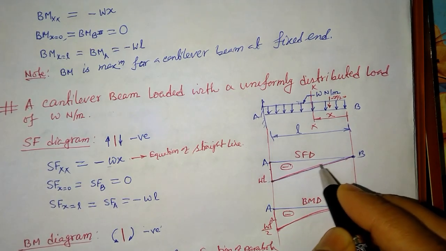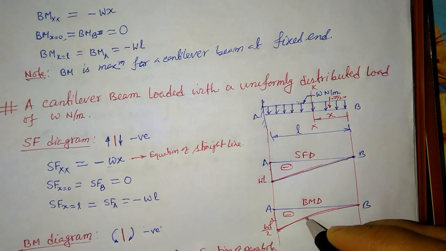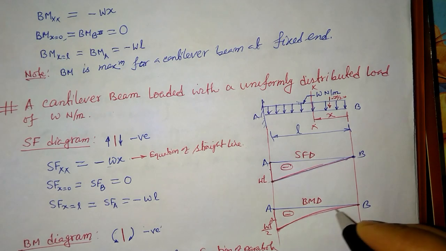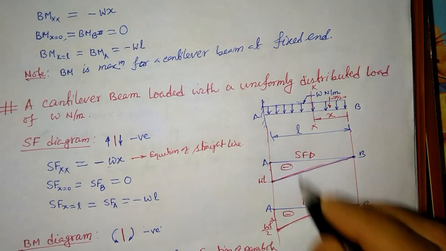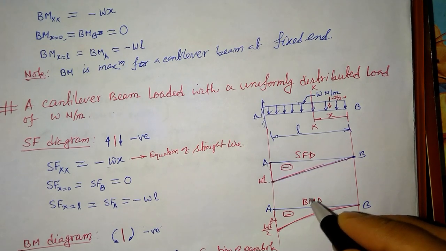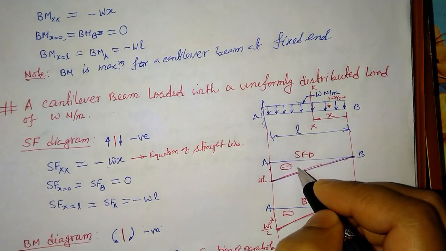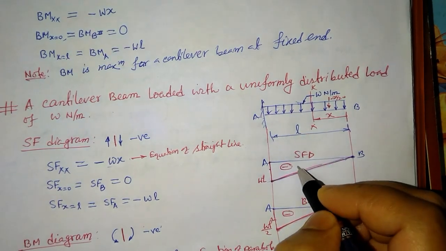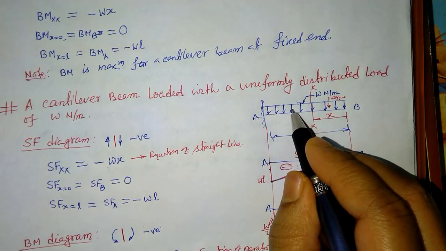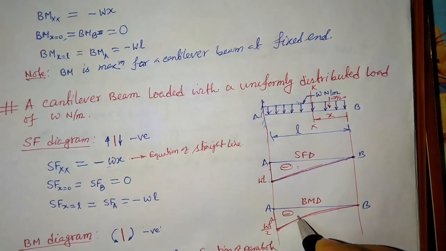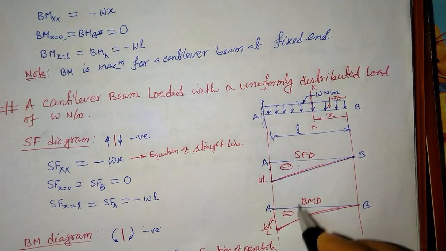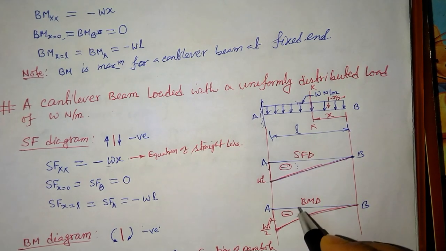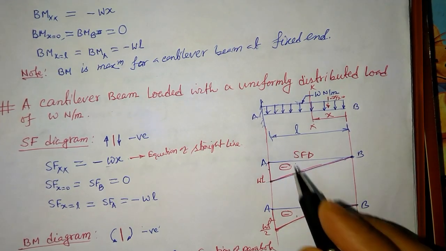And the same thing in the bending moment diagram becomes a parabola or curve. From this we can observe that shear force is always one order higher than the load intensity, and bending moment is always one order higher than the shear force.